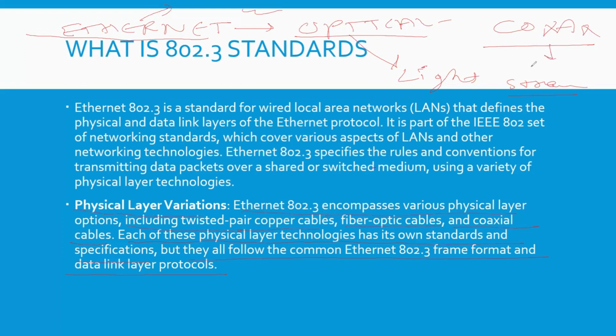And a coax cable is one cable with an RF jacket, which is a different cable. So they work on pretty different things, but they follow the same rules for transmitting packets and receiving packets, sharing the data.